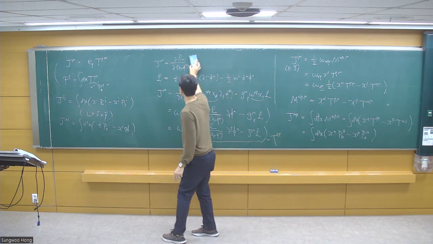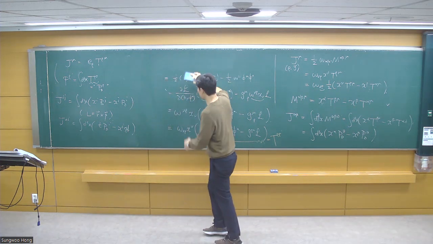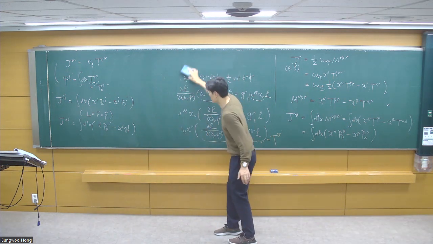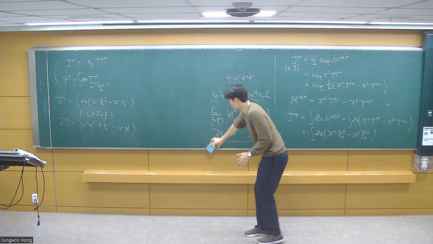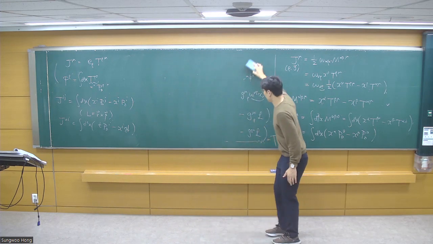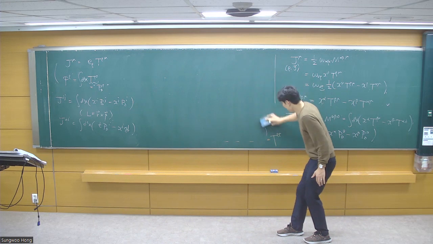Okay. Good. So at least now you should be able to operationally derive all these results by actually working them out line by line. Now let's talk about some more aspects of the symmetry.